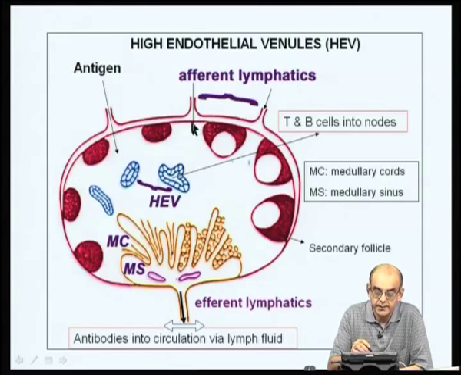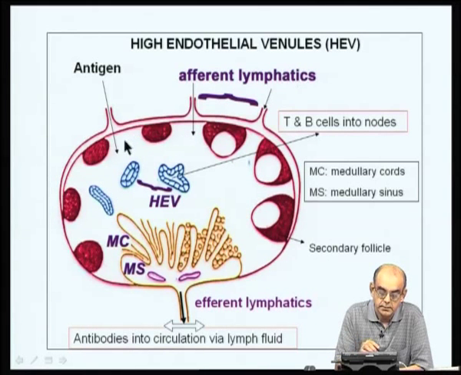As soon as they enter the lymph node, they are met by the cells that are making up these follicles, as I have shown you here. In the last transparency, these were the primary follicles consisting of an association of mostly mature B cells which are ready to get activated by the antigen.